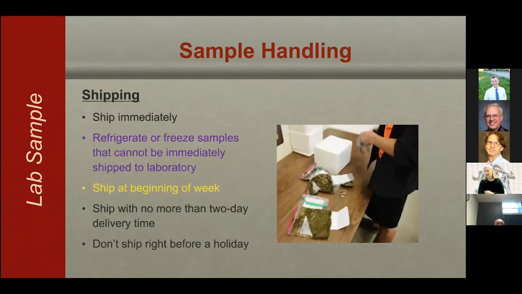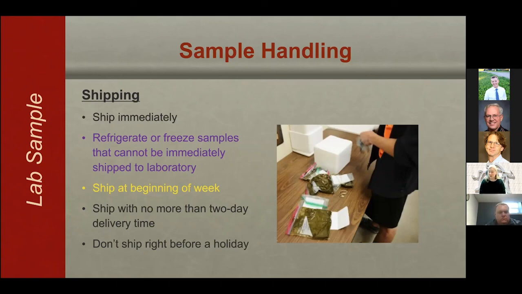And for shipping, it's recommended that you either ship immediately or refrigerate or freeze the samples if you can't ship them immediately. If you're at the end of the week, don't put them in the mail on Saturday and have them sitting there. Ship at the beginning of the week so that you can make sure that package is arriving at the lab during the week and not sitting in some mail room or mailbox somewhere.